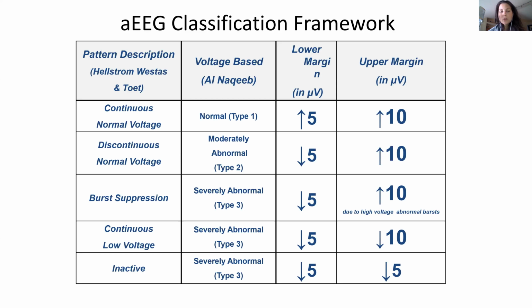So really we're looking at that lower margin greater than 5. That's really where we start to see the continuous activity. When there is continuous activity, that lower margin can't creep down below that 5. So that's really what we're looking at. And for maturation as well, we're looking for that over time, that lower margin creeps to greater than 5. That's really the distinguishing feature.